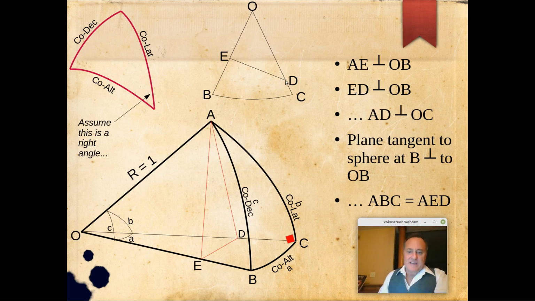Angle ABC is equal to angle AED. Okay? Do you see how this angle here, AED, because AE lies in the same plane as the plane that contains AOB, and ED lies in the same plane as the plane that contains COB.